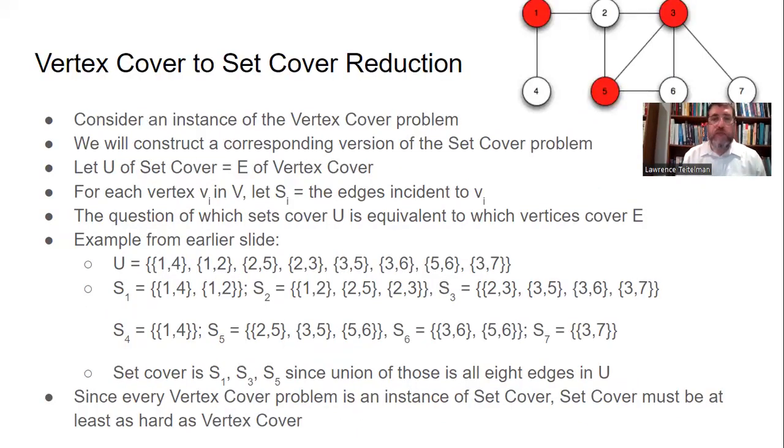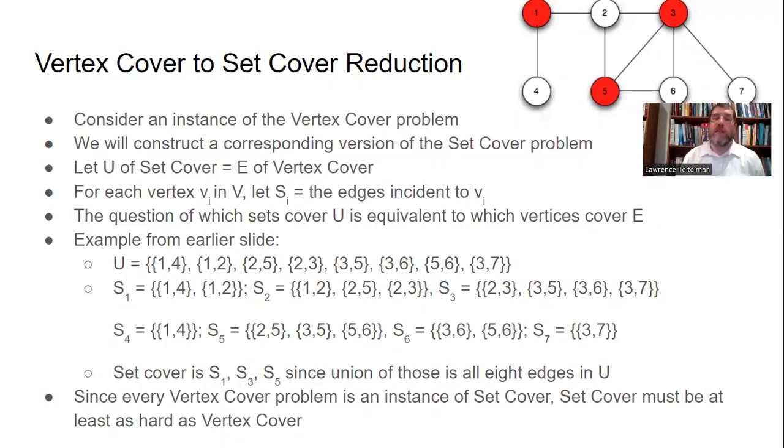All right. So what we're going to do now is show how vertex cover and set cover are related. How do we do that? We take our vertex cover graph and represent it as a set cover problem.